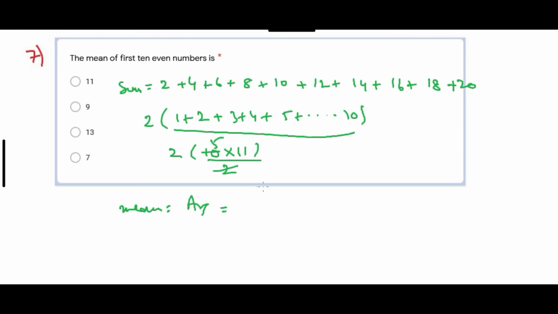Mean is a synonym of average, which is equal to sum divided by number of observations. The sum is 2 into 5 into 11, and there are 10 numbers. It will be equal to 11. 11 is the answer. Let's move on to the next question.